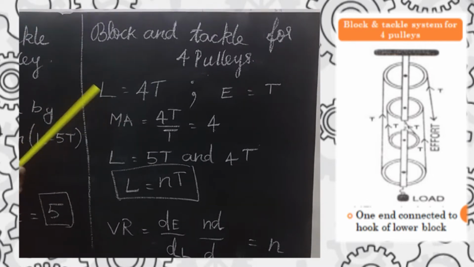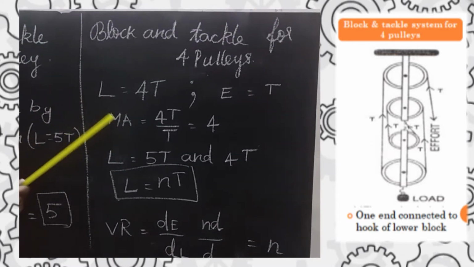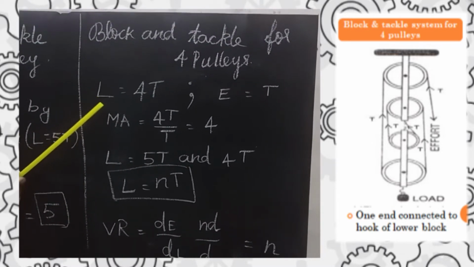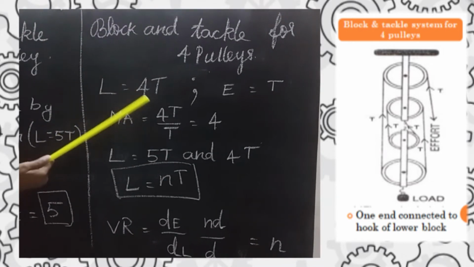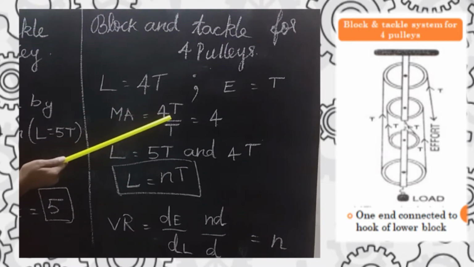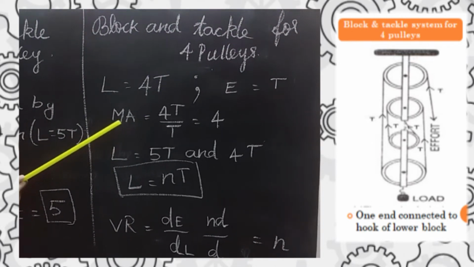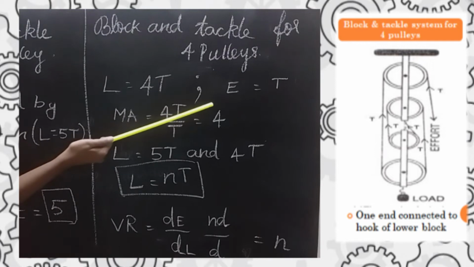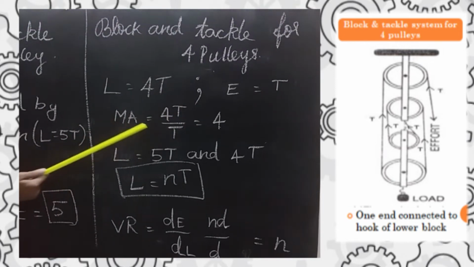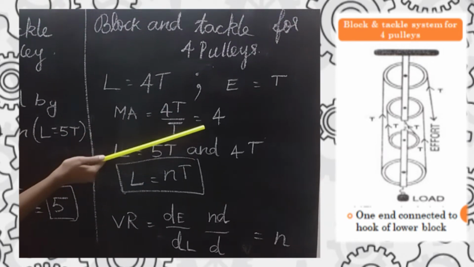You can see in the picture and count the number of ropes that are supporting the load. So L is equal to 4T, and of course E is equal to T. No change in the effort. If I have to find the mechanical advantage, MA is equal to load by effort, that is 4T by T. So my mechanical advantage is equal to 4.